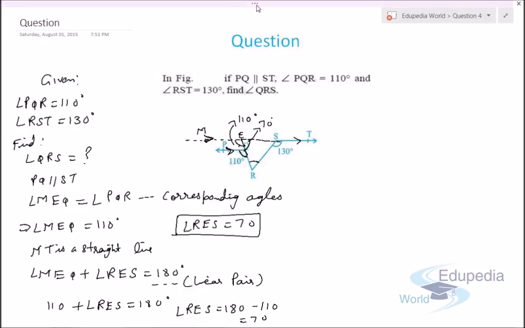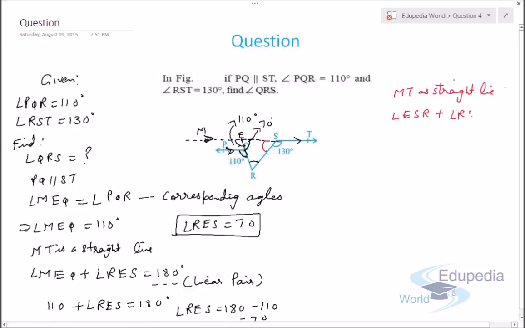Now we need to find this angle. So let's see how we can find it. Again, if we consider MT as a straight line, then angle ESR plus angle RST will be equal to 180 degrees.